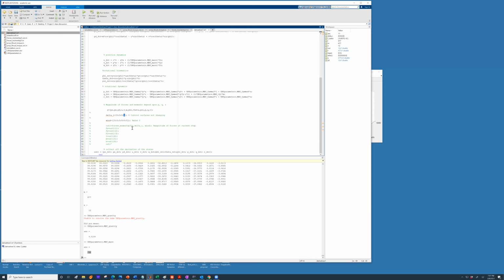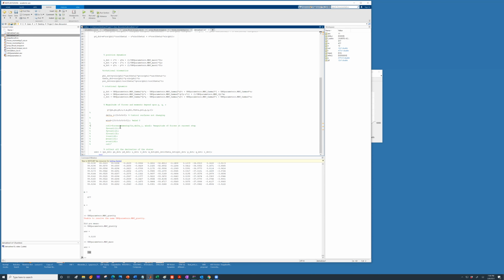Last one is the magnitude of thrust. All these values go from 0 to 1. So deltas can go from 0 to 1, 0 to 1, 0 to 1, and this can also go from 0 to 1. Wind is nothing but the wind vector, and all wind values are 0. So right now there is no wind.